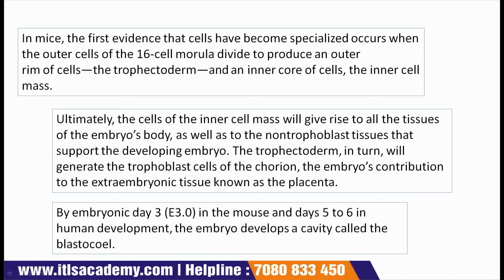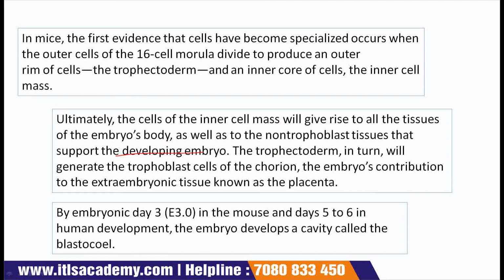Next point is, ultimately, the cells of the inner cell mass will give rise to all the tissues of the embryo's body, as well as to the non-trophoblast tissues that support the developing embryo.